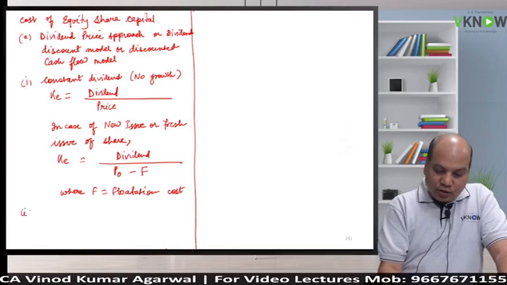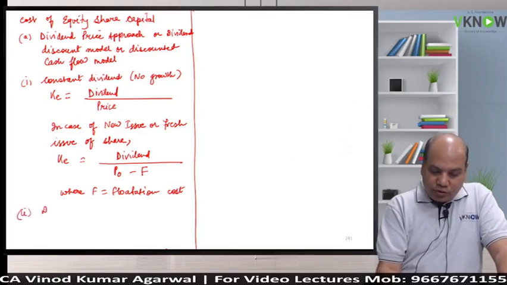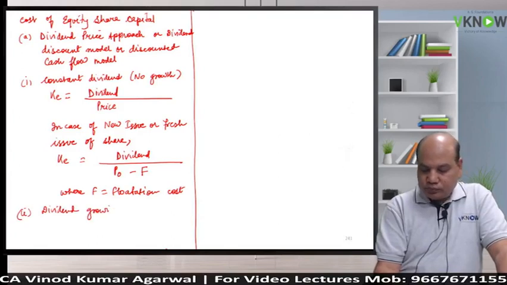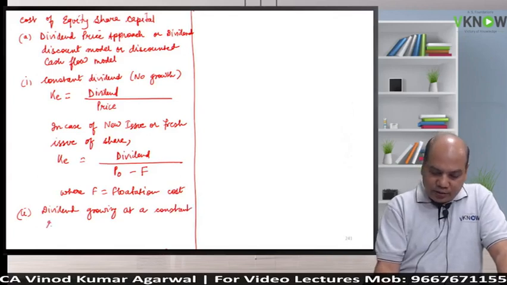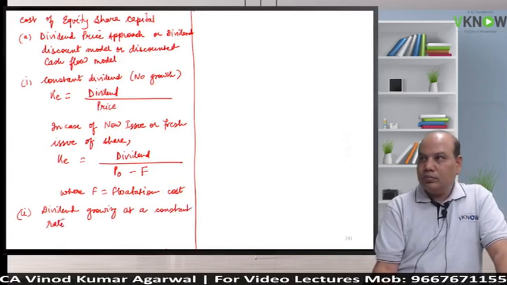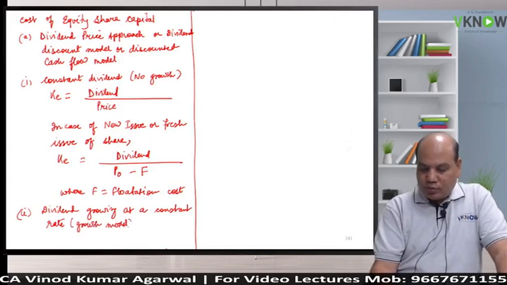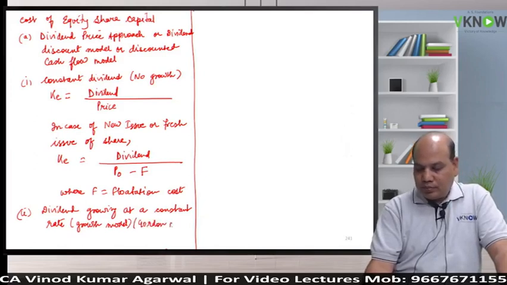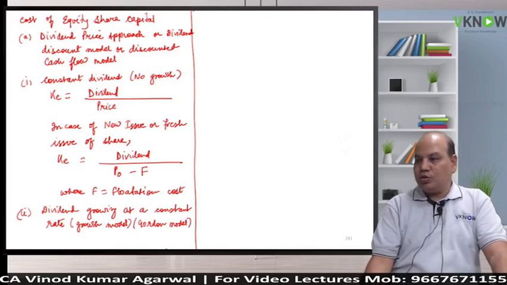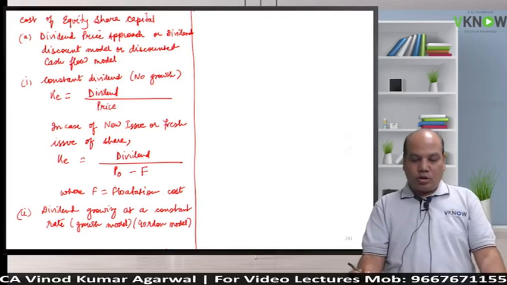And second, write down dividend growing at a constant rate. This is called the growth model, also called the Gordon model.